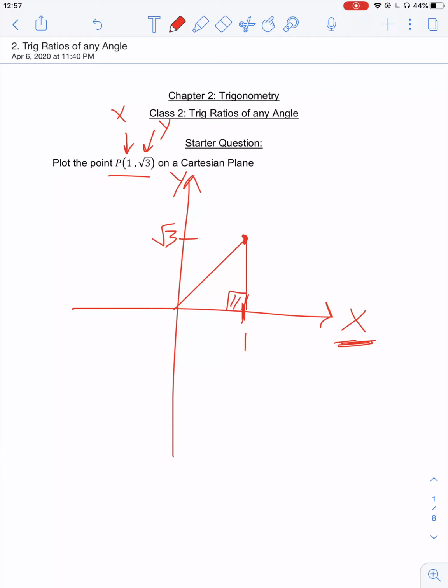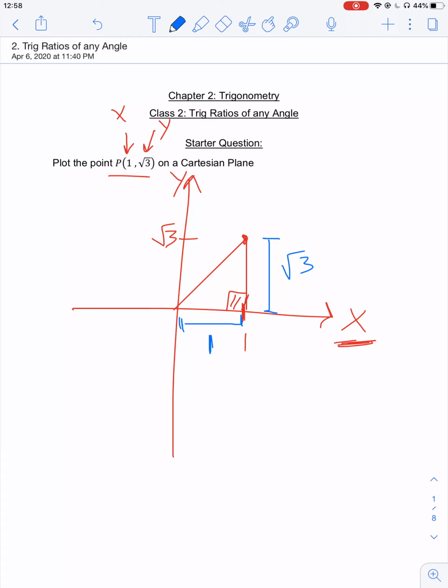If you analyze this a little bit more, you will conclude that this side, or the height of the triangle, measures square root of 3. And this side of the triangle, your base, measures 1, based on the coordinate that you have, okay? And we're going to be making use of this fact.